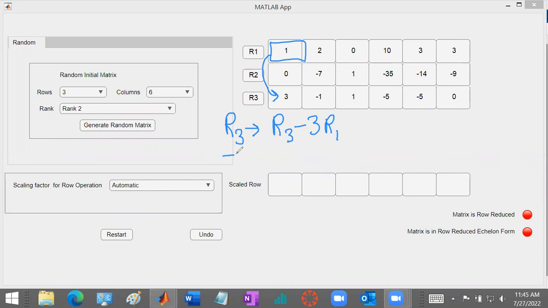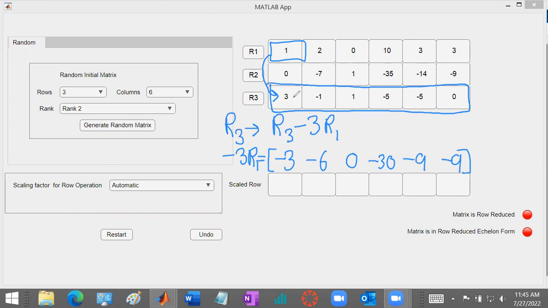So let's calculate negative 3 R1. It's going to be negative 3, negative 6, 0, negative 30, negative 9, negative 9. And now we are going to add it to this.